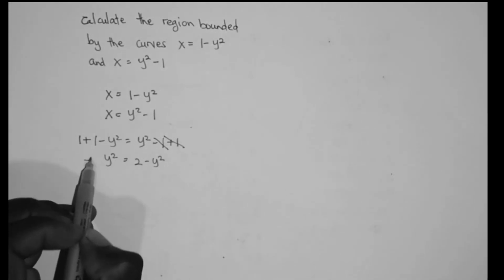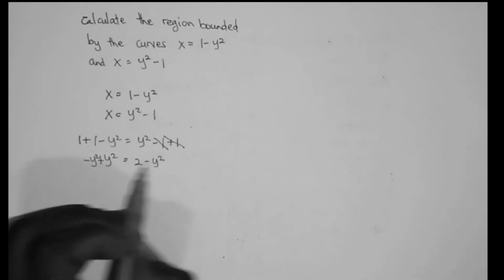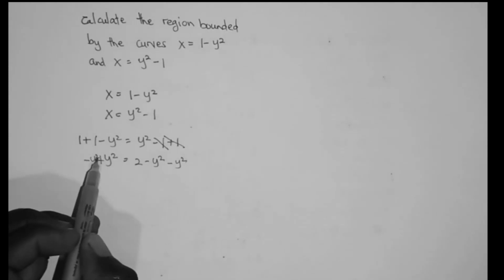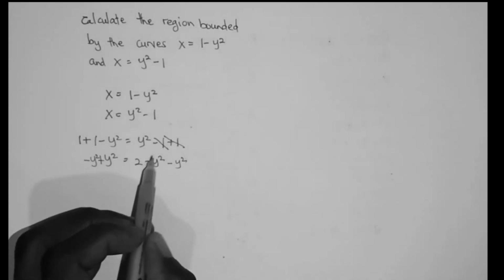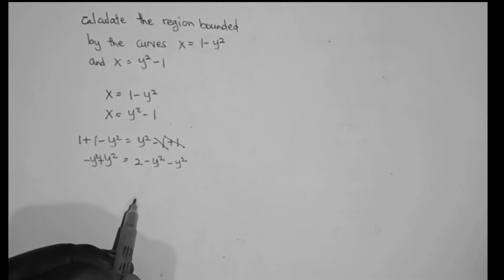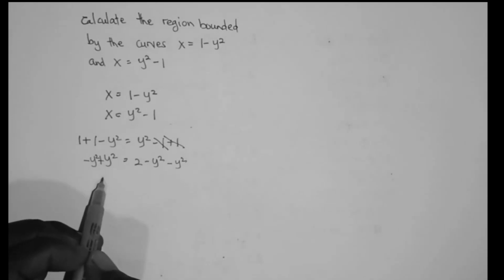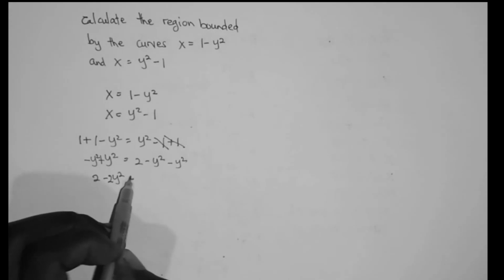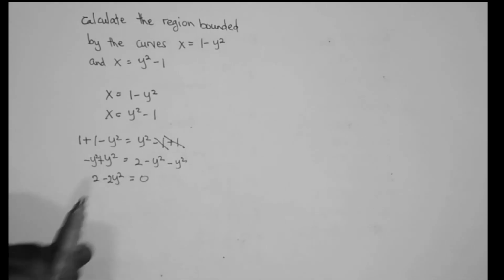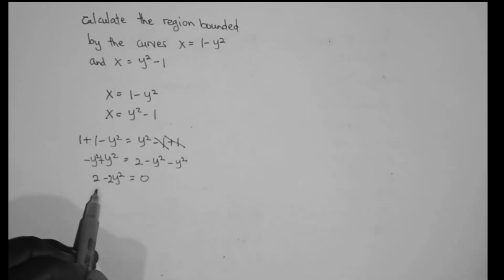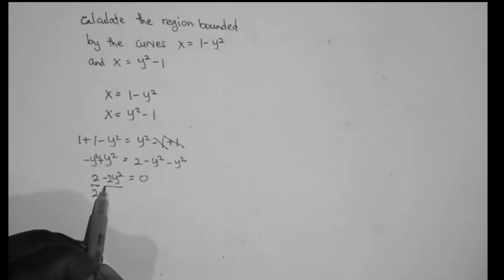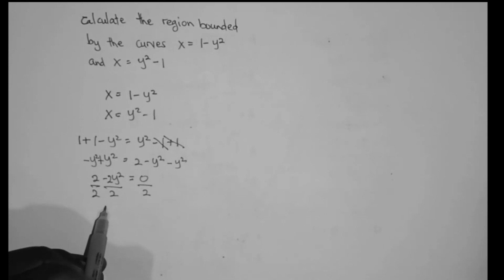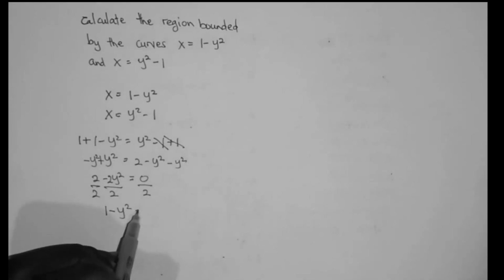So minus y squared minus y squared equals minus 2y squared. So this becomes 2 minus 2y squared equals 0. So let's divide through by 2. At the end of the day it becomes 1 minus y squared is equal to 0.